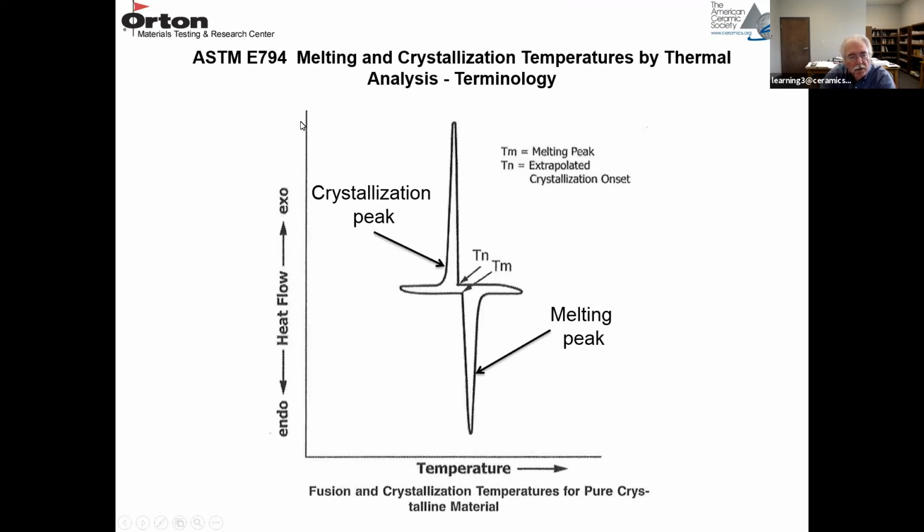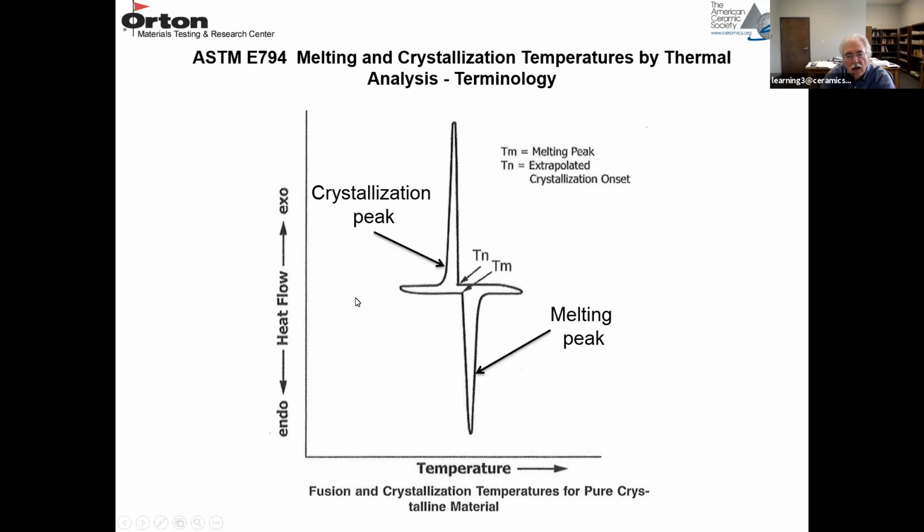Terminology: this would be the heat flow, and this would be the temperature. So you're increasing the temperature of the sample, and you're monitoring the heat flow in that sample. If it goes up in the positive direction, it's an exothermic reaction, it's giving off heat. If it's in the negative direction, it's an endothermic reaction, it's taking up heat.